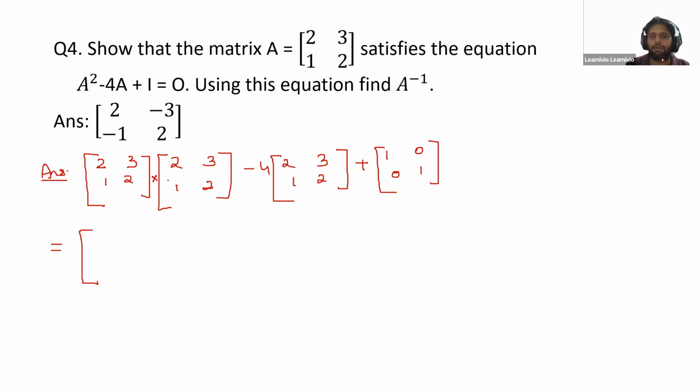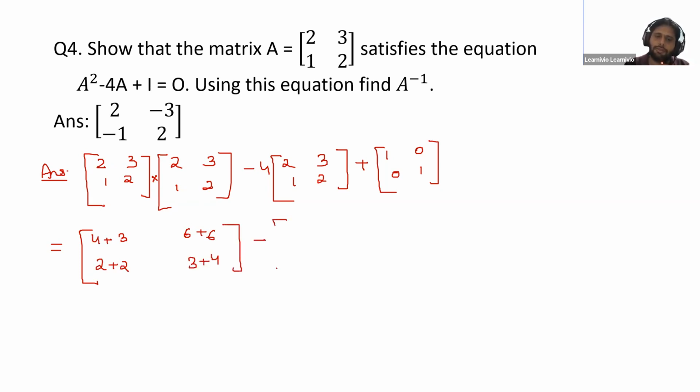First row will get multiplied with the first column. This is a rule of multiplication. You need to multiply first row with first column. So you will get 2 into 2 is 4 plus 3. Similarly, first row with second column, so that will be 6 plus 6. Second row, first column, so 2 plus 2. Second row, last column, so 3 plus 4.